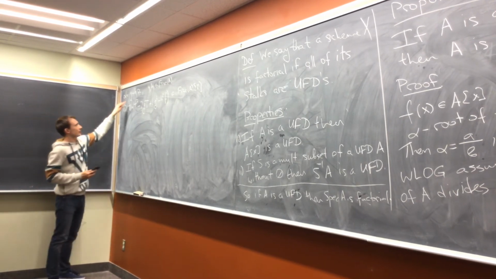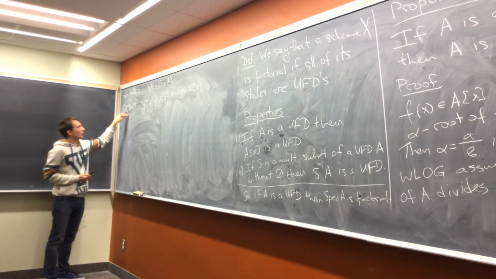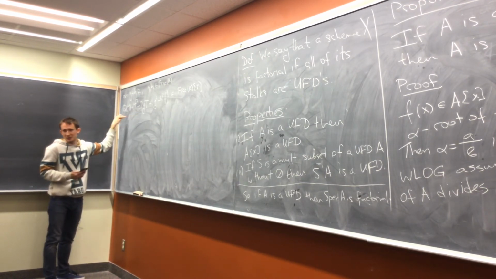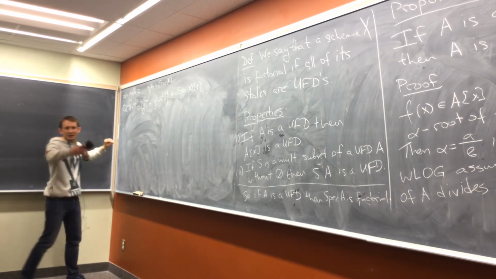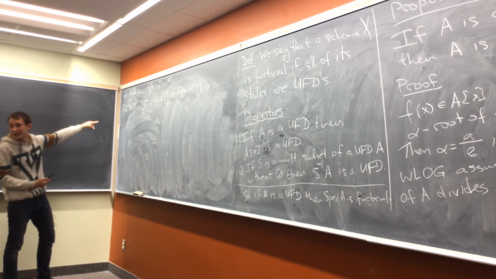So alpha is the root of this thing, right? And we're assuming that alpha is of degree 2, not of degree 1. So this must be some kind of a minimal polynomial of this thing. Which means that this polynomial f(t) that we had before, which has coefficients in A, is divisible by that guy.